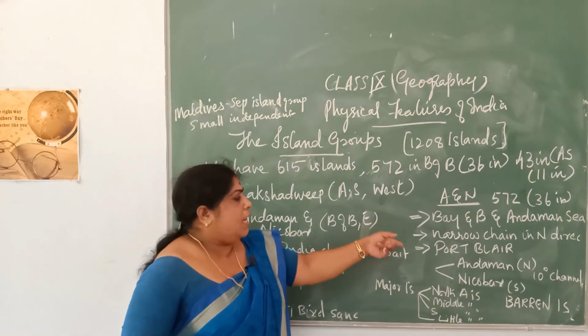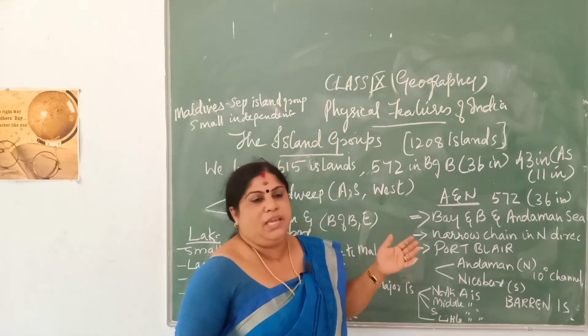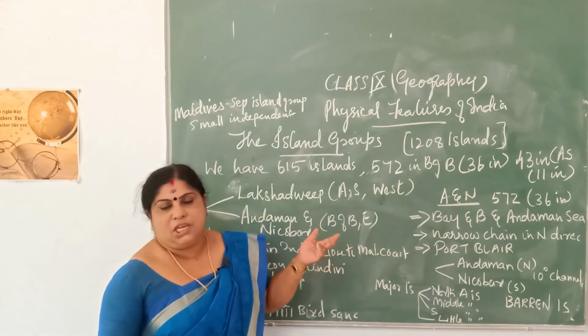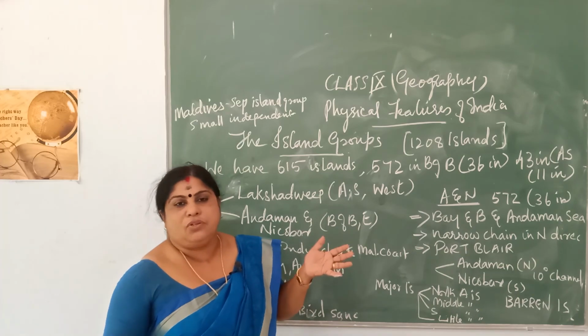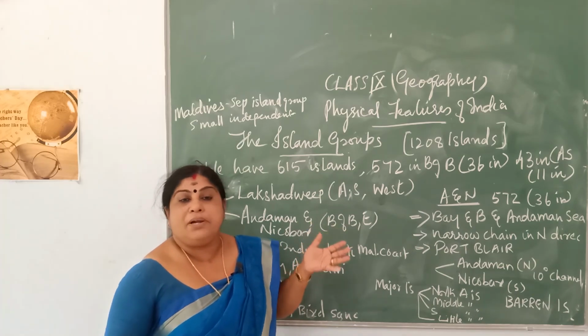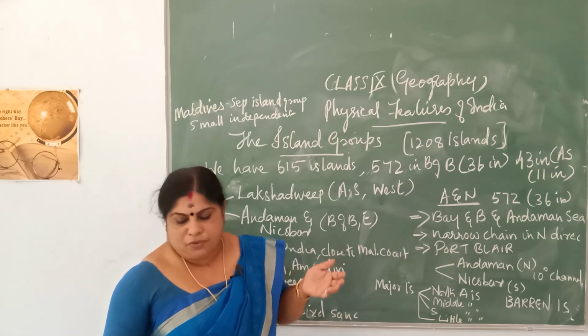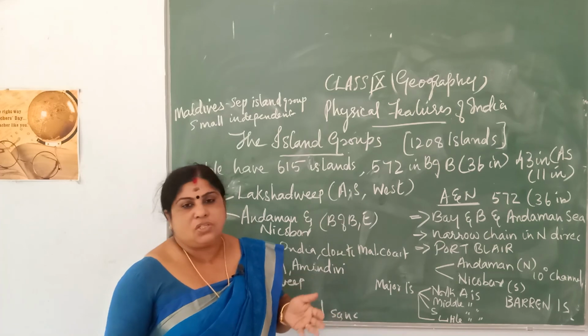This island group lies very close to the equator, and thereby the climatic condition here is equatorial. Because of this, there is abundant rainfall, and a variety of vegetation is found, including very thick forest cover.